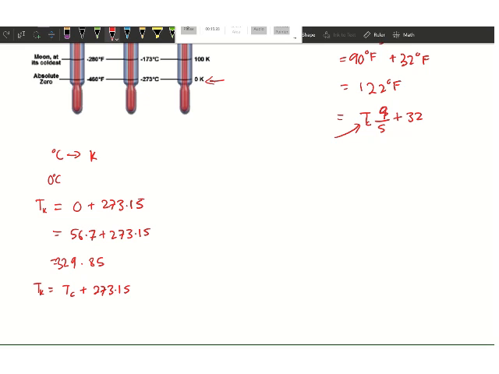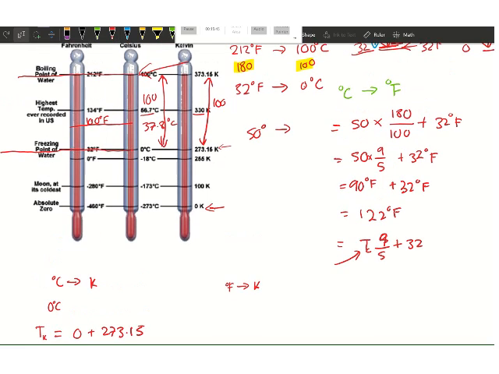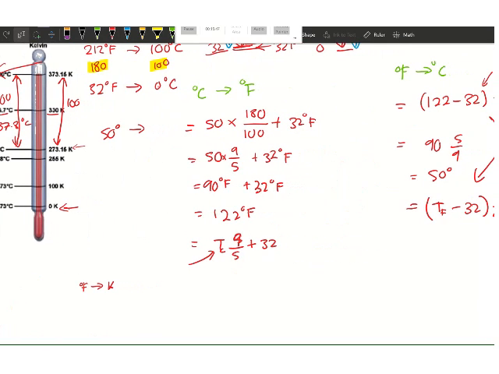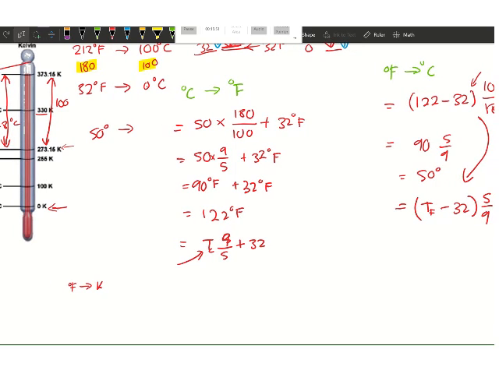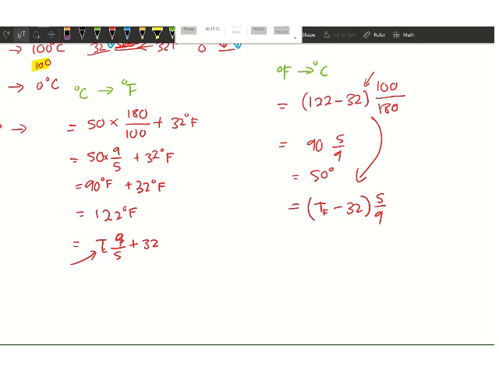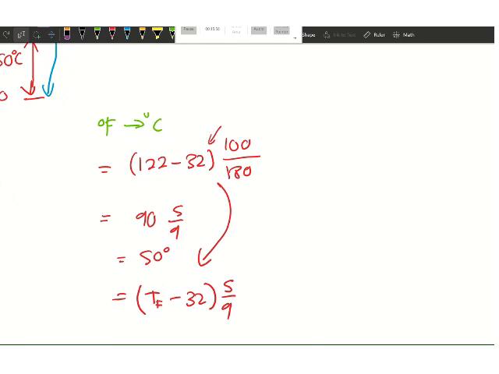If I want to convert from Fahrenheit into Kelvin, the process is similar to Fahrenheit to Celsius. We only need to add one thing, because this one will only convert to Celsius.